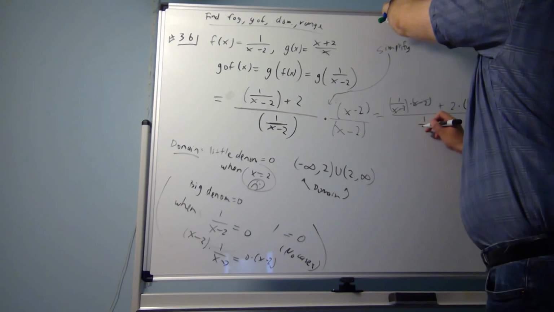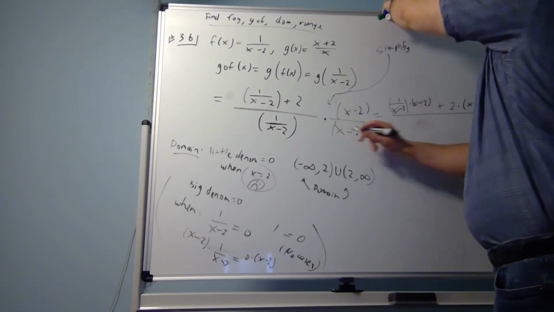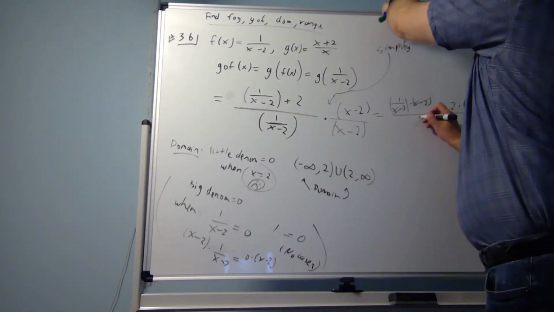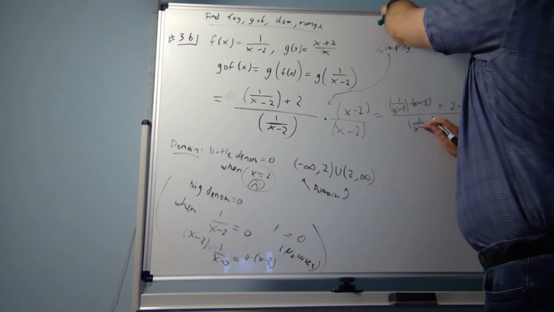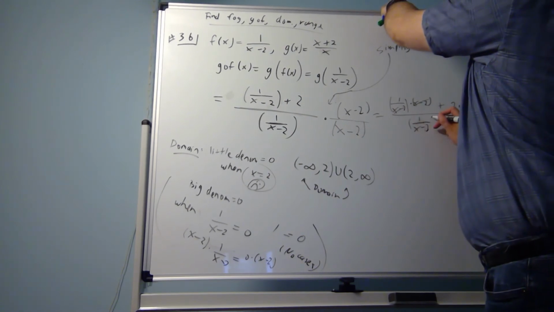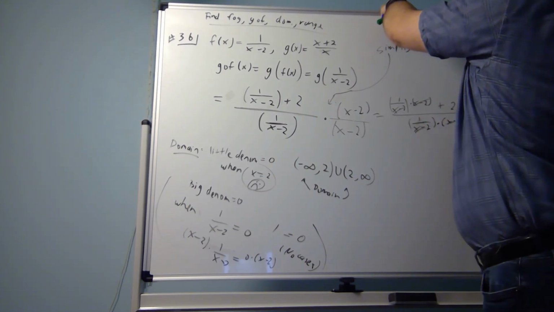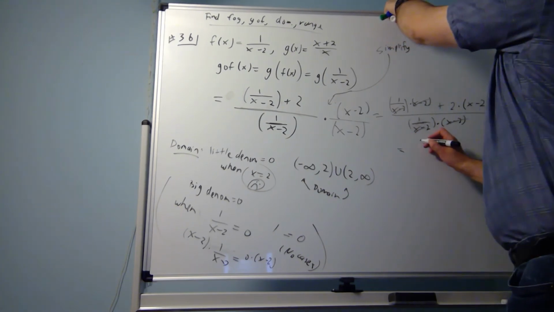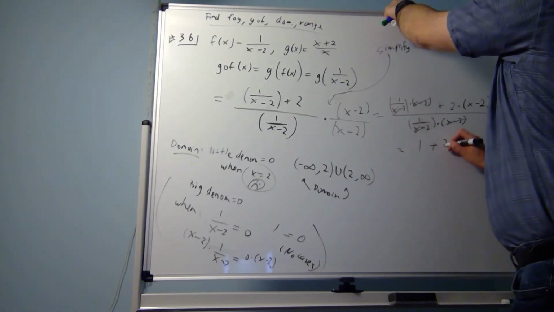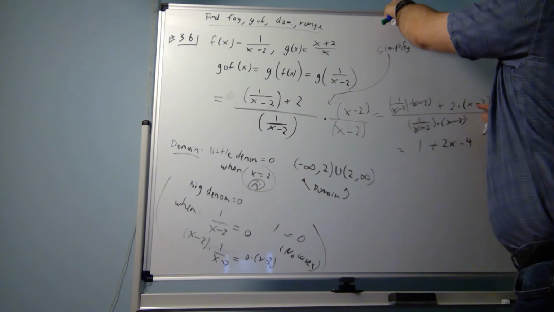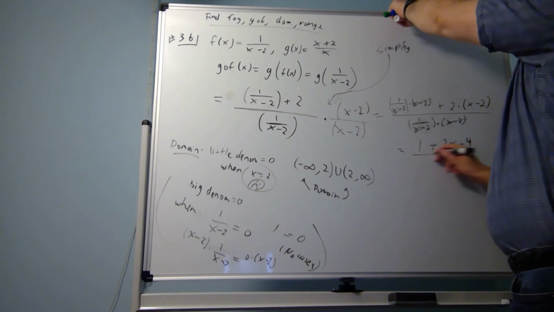And then we have 1 over x minus 2 times this fraction. A fraction times a fraction, you just multiply the numerators and multiply the denominators. That's how you multiply a fraction. Now we have a 2 times x minus 2, which distributes like that.